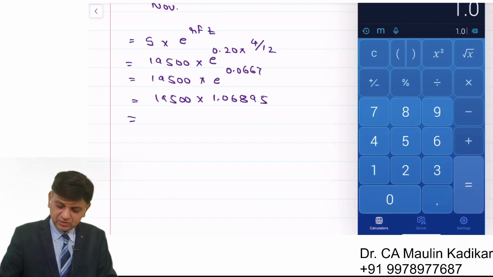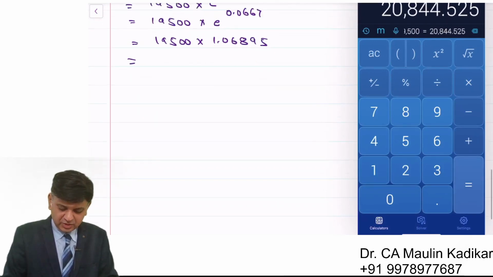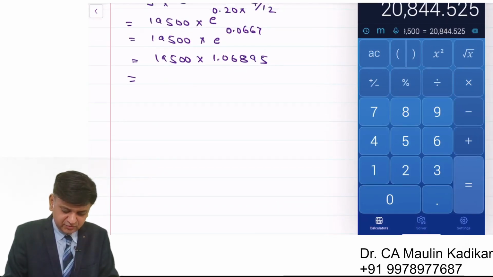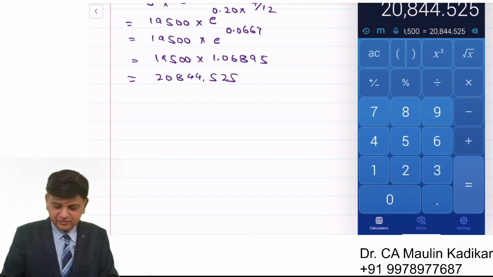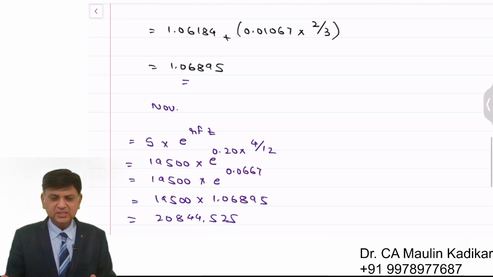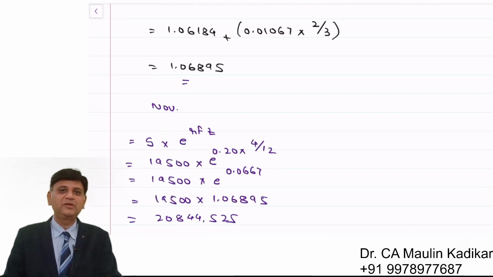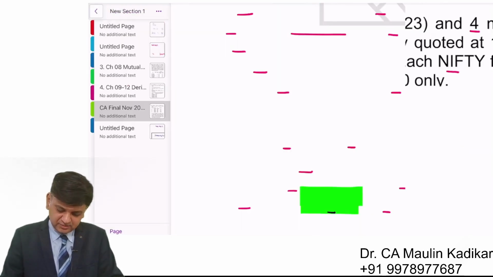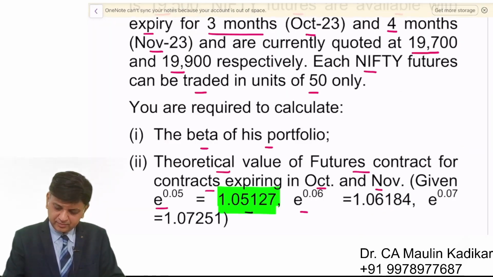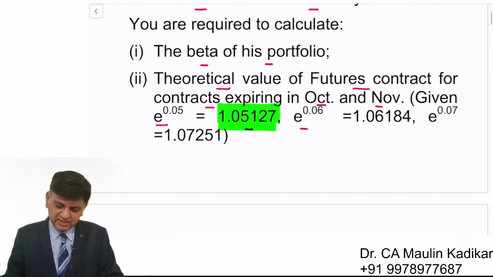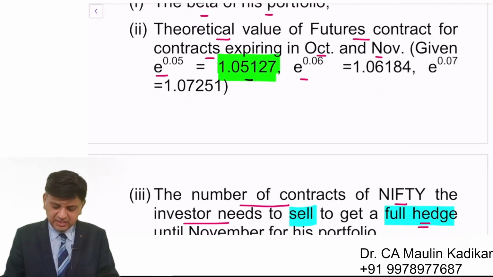So 1.06895 into 19,500 comes to 20,844.525. This is the way the futures value for the month of November will be calculated. Okay, next. That is what we understand is the answer of the second question that we have done.